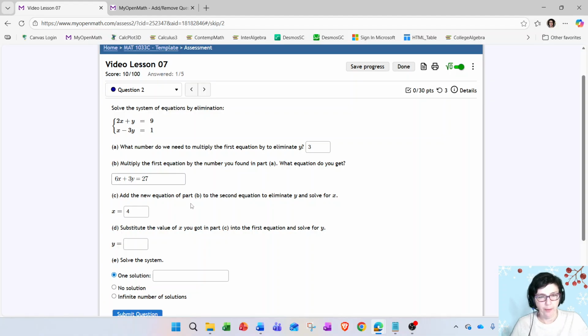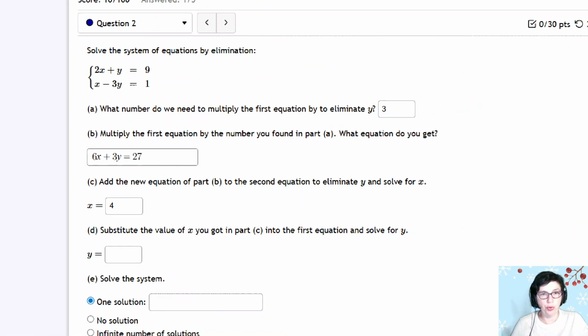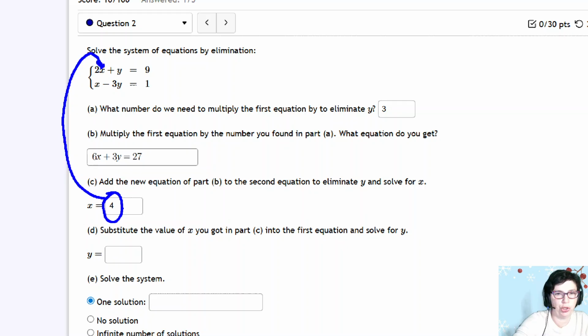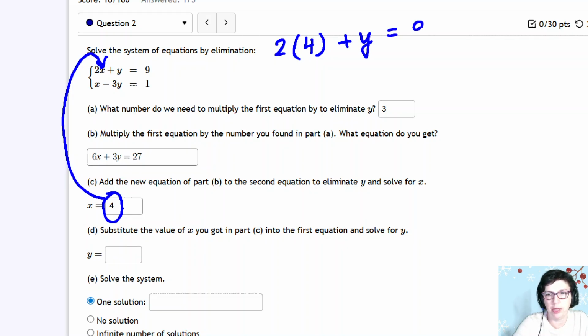What about y? Well, I am going to use one of the equations, either the first or the second. It's going to be my choice. And then I'm going to solve it for y, because I'm going to take this 4 and insert it for x in the first equation. You could use the second, it doesn't matter. So instead of x, I'm replacing it with 4: 2 times 4 plus y equals 9. Now, first multiplication, so 2 times 4 is 8.